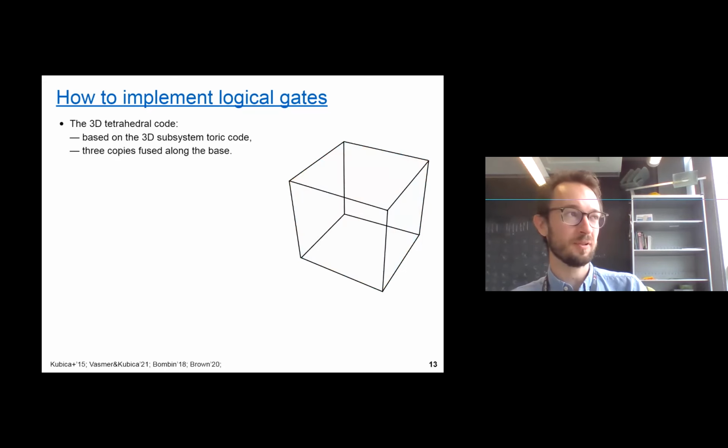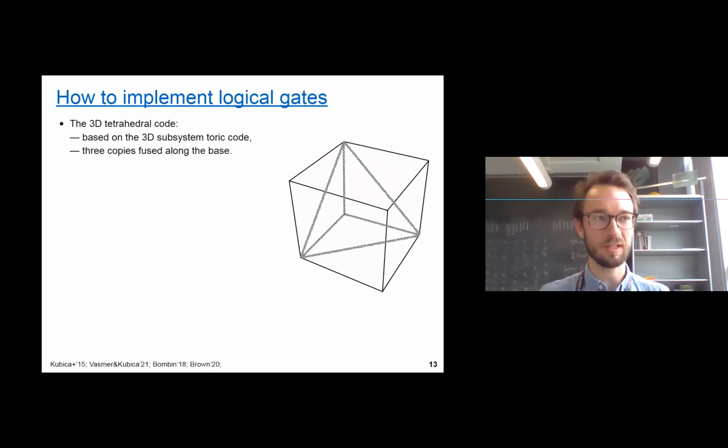Okay, so very quickly, you can make a 3D code. As I said earlier, you need boundaries, but you can make some choice about the boundaries. The code I presented earlier is like you take a cube and you have these boundaries, but you can also take a tetrahedron. This code is kind of weird, but the way I always think about it is, you're probably familiar with the tetrahedral 3D color code.